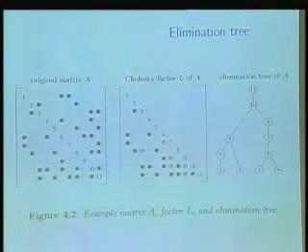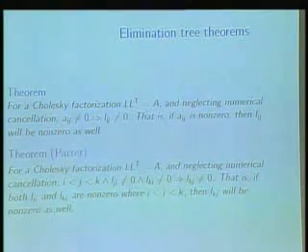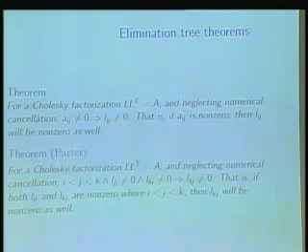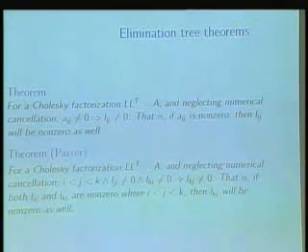Okay, so now that we have this tree, we've got to figure out how to compute it efficiently. The reason being is if we somehow knew this tree ahead of time, if we could have an efficient way of computing the tree, and that's what we'll do. That's what I'll show you. We'll compute this elimination tree efficiently.